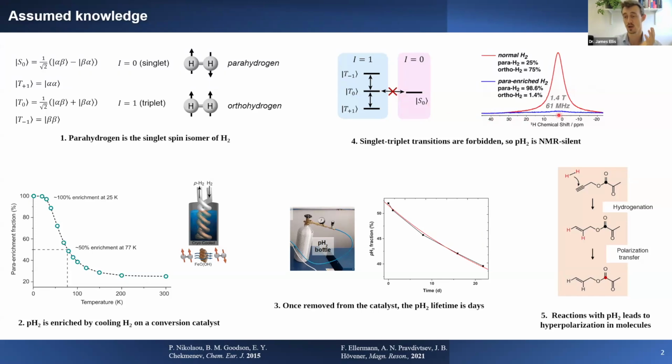But if we measure normal hydrogen gas, where 75% of the population's within the triplet manifold, we can see these transitions. So parahydrogen itself is NMR silent, but that brings us to the final point, which is we know that if we react parahydrogen with other molecules, we are bringing these 2 protons into a molecule, and they are in this singlet state.